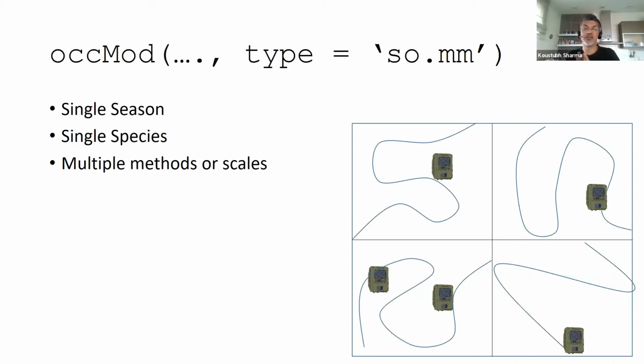Earlier, people had to exclude data in a way that they would use a single method. But when this modeling approach came out, it made life a lot easier. Occupancy methods now allow the flexibility of bringing together more than one method. In fact, not just methods, but you can even go through multiple scales.